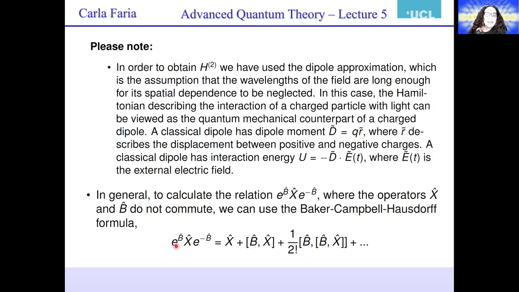Note as well that if you want to calculate a relation that looks like that, we had something like this related to our unitary transformation involving P, and where the operators X and B don't commute. Note here, X can be anything. It's not only the operator X position that we know. You can use the Baker-Campbell-Hausdorff formula. So you expand these and you're going to get this type of relation where you have the commutator of B with X, the second order commutations, and so on and so forth.